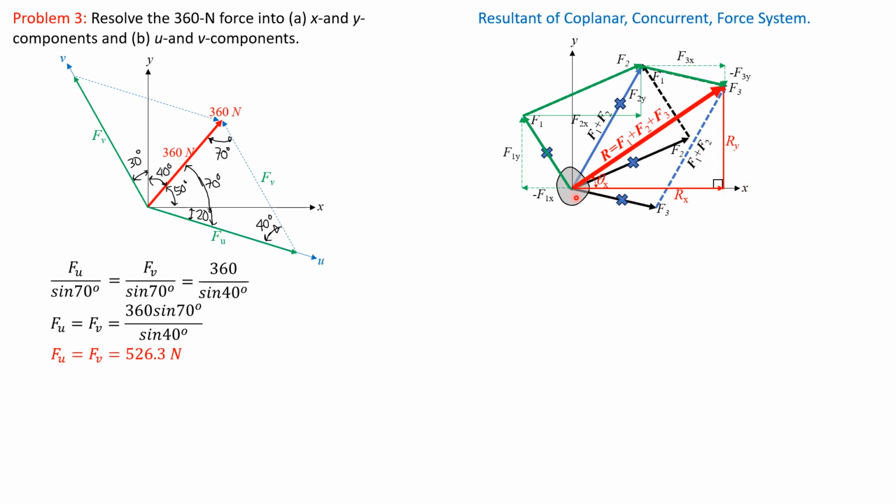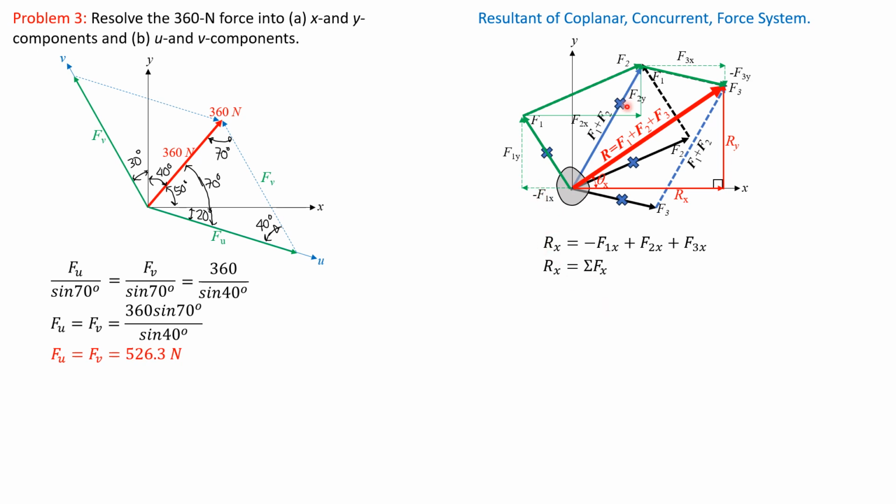So Rx therefore is negative F1x plus F2x plus F3x, negative F1x because F1x is leftward. In short, Rx is simply the sum of the forces along x. Along x, components that are rightward are treated as positive, and components that are leftward are treated as negative, just like F1x here.